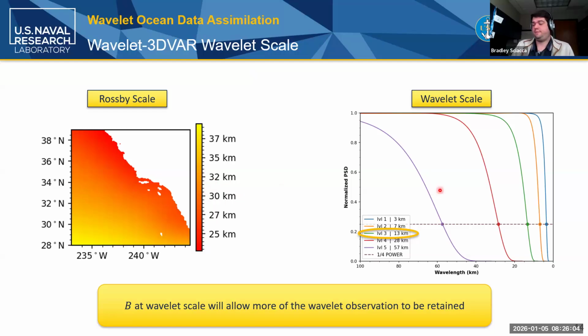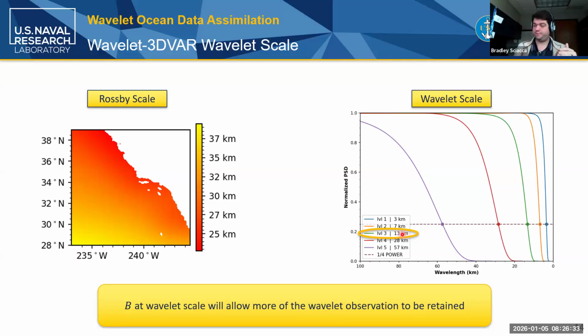But with the wavelets, since we're taking just the approximation coefficients, we're essentially using the low pass filter of the wavelets, so we can look at its PSD and figure out the filter cutoff. Since we were doing a level 3 transform and keeping just those approximations, that corresponds to a cutoff of about 13 kilometers. So with our wavelet increment, we had information from 13 kilometers and up.